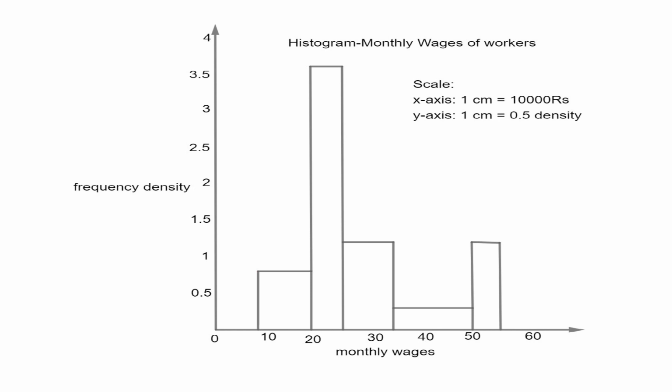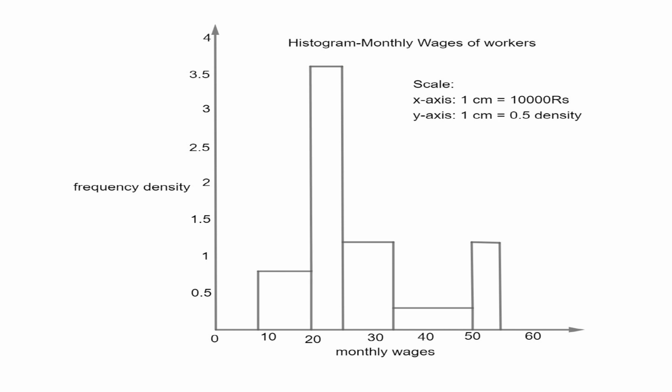The frequency density of the class 19.5 to 24.5 is 3.6. Hence, on the y-axis, mark a line at the point 3.6 for the interval 19.5 to 24.5 on the x-axis and join them with a perpendicular line to the x-axis.